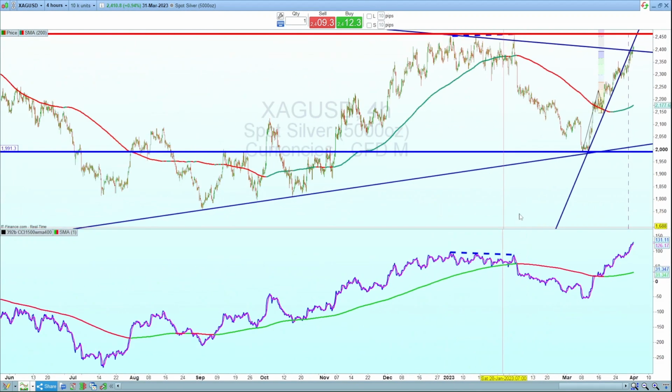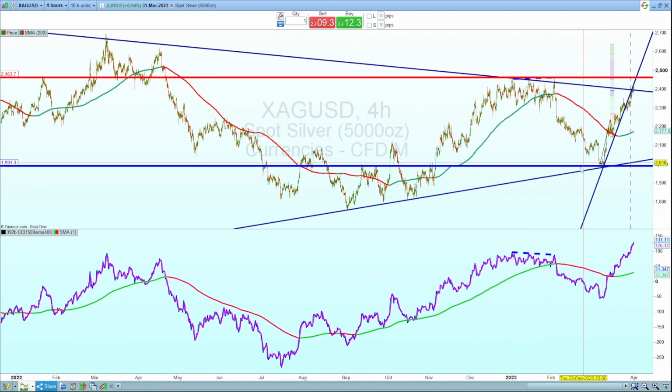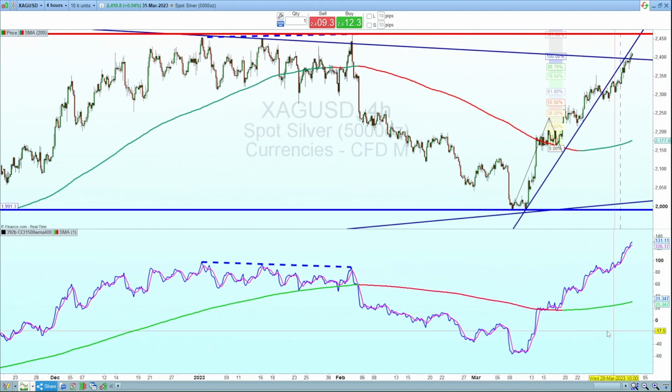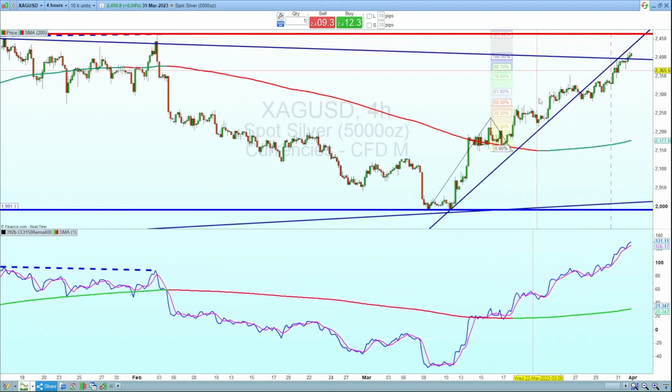Now again, just zooming out for a moment, you can see the similarity between those diagonal trend lines, but also the support and resistance lines. And also we're in an uptrend with the CCI above its moving average. Now you'll notice I've also previously drawn this ascending diagonal trend line within this range, and the price has gravitated back towards that trend line, but it's also broken above this diagonal descending trend line as well.